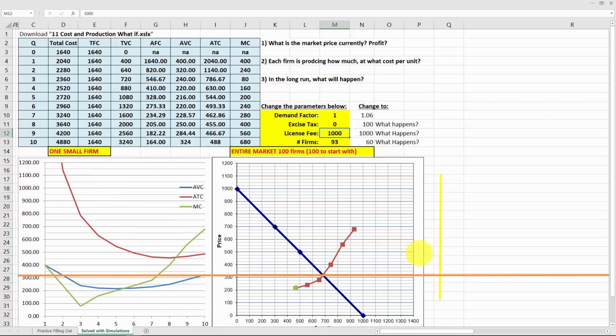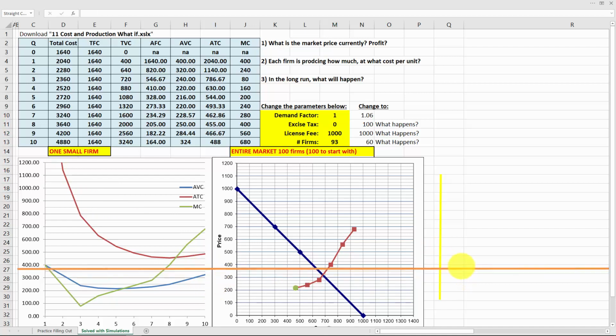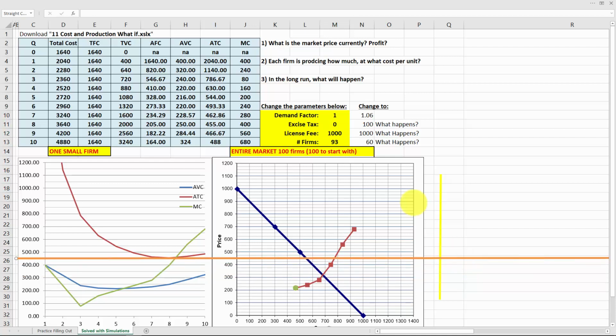So what's happened is our break-even price has gone up to around $450. If we look at our average total cost column here and find the minimum, we see it's actually $455. But the equilibrium price today is still going to be $3.20.